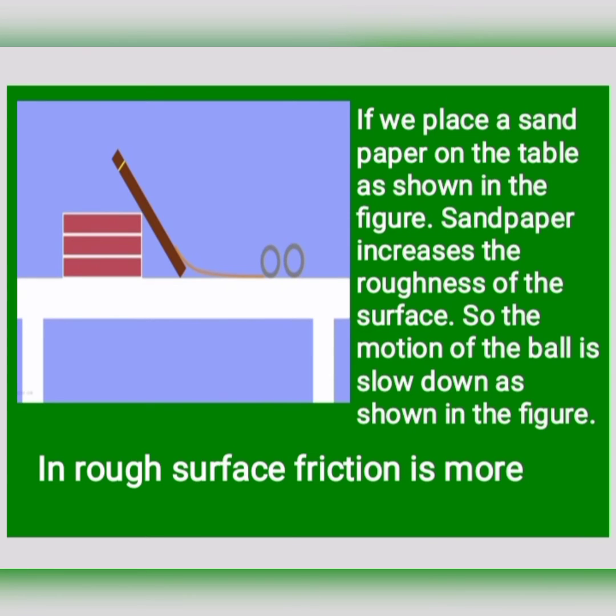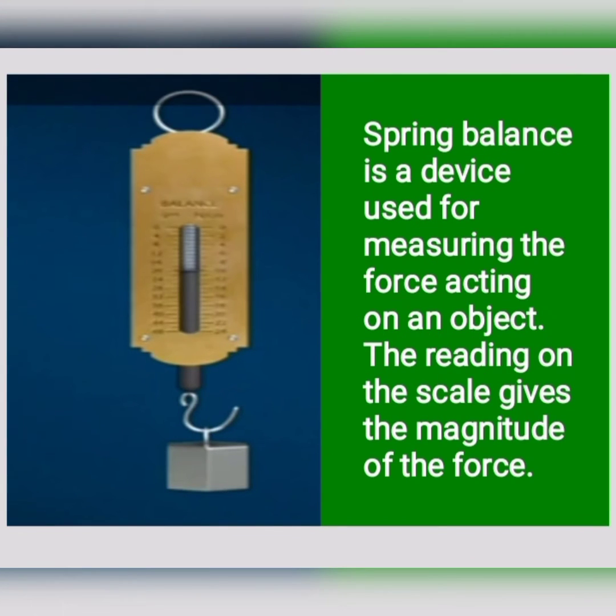Students, now I am going to introduce a force measuring device that is known as a spring balance. What is a spring balance? A spring balance is a device used for measuring the force acting on an object. It consists of a coiled spring which gets stretched when a force is applied to it.